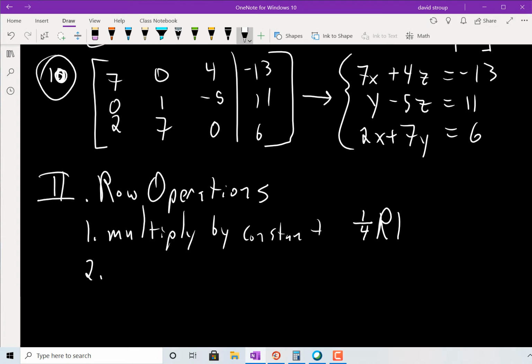You can add rows together. And you can multiply them too while you're doing that. Add multiples of rows together.